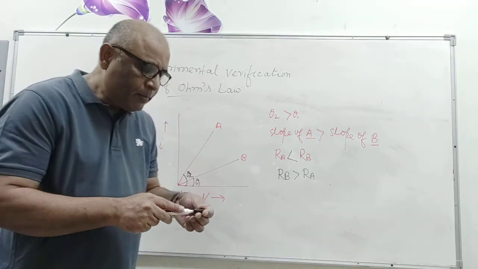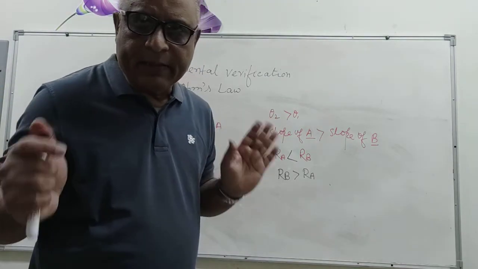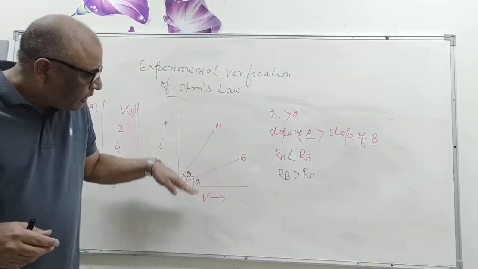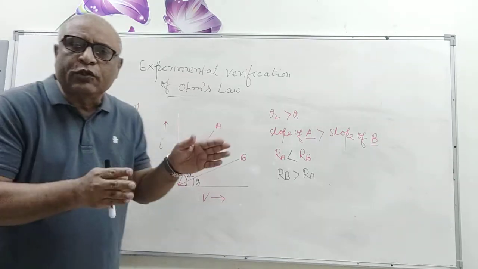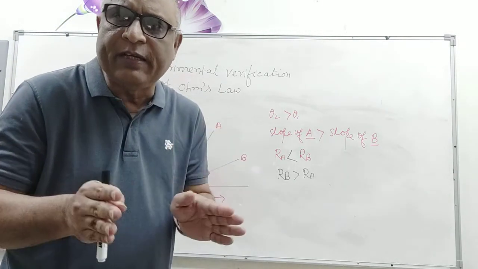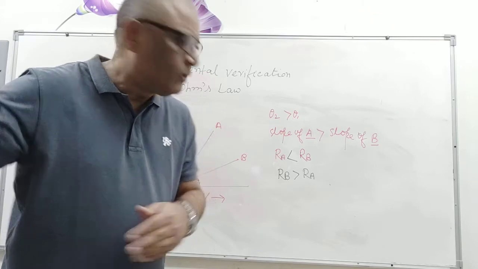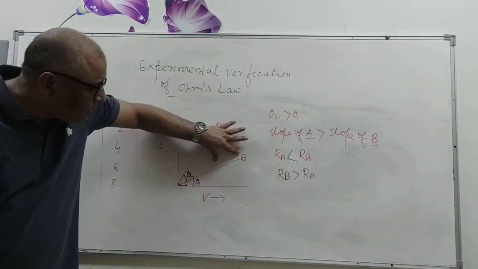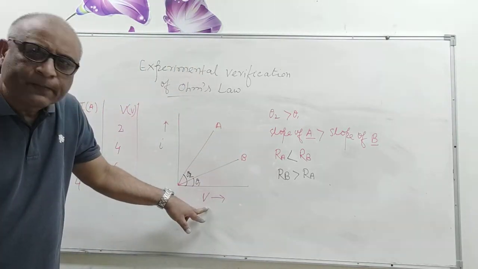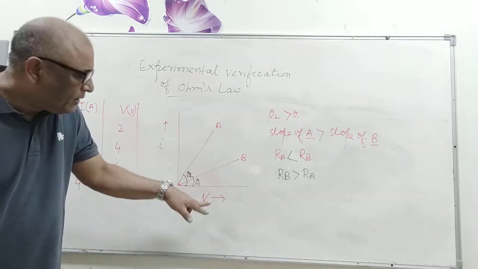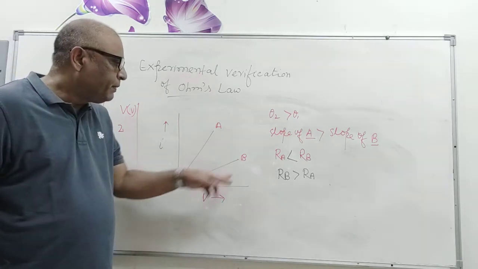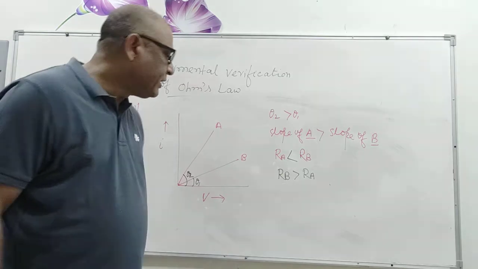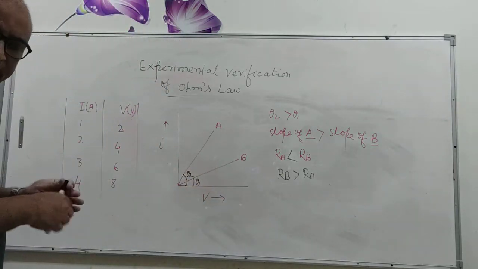You can easily identify this because the line which is close to voltage, the potential difference, has greater resistance. Here B is close to V, so resistance of B is greater than resistance of A.